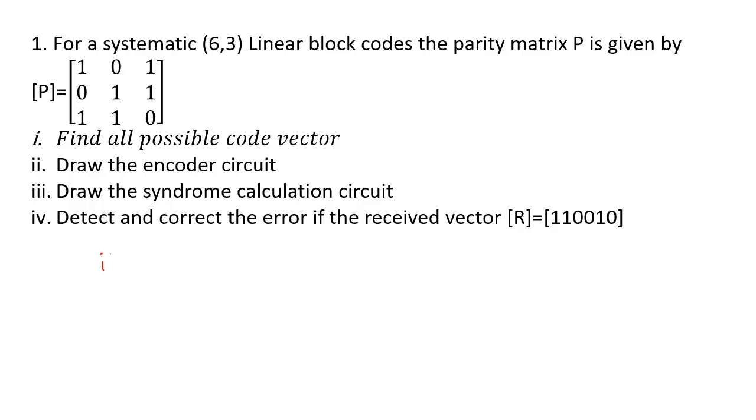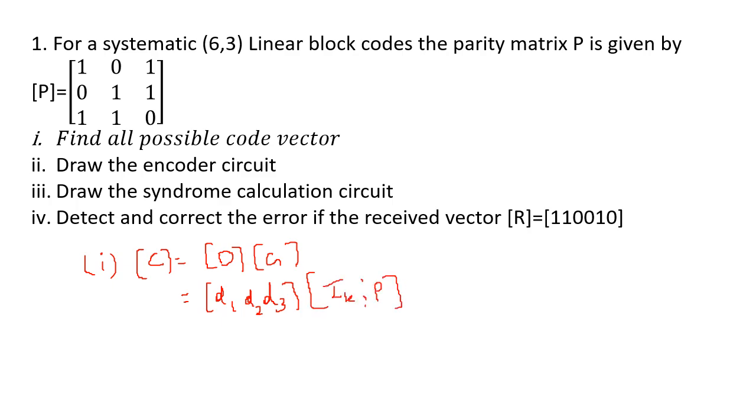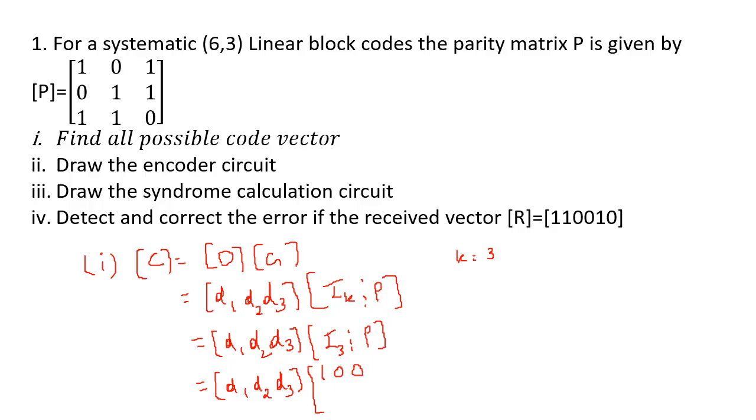In order to find all possible code vectors, C is given by C equal to D into G, where D is the data vector D1, D2, D3, and the generator matrix G is the identity matrix I_k concatenated with the parity matrix P. Here k is equal to 3, so we get I3 concatenated with the parity matrix P. So it is D1, D2, D3 multiplied with the matrix 1 0 0, 0 1 0, 0 0 1, and the parity matrix 1 0 1, 0 1 1, 1 1 0.